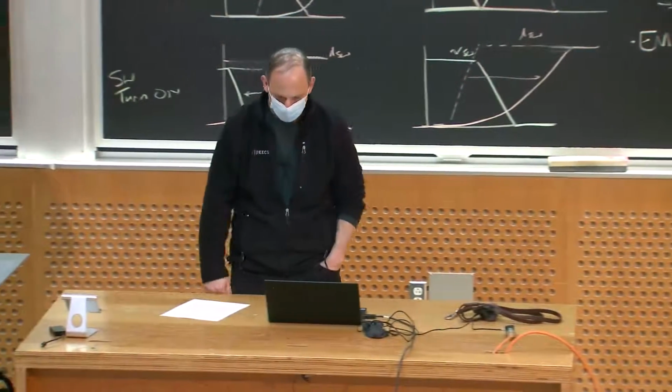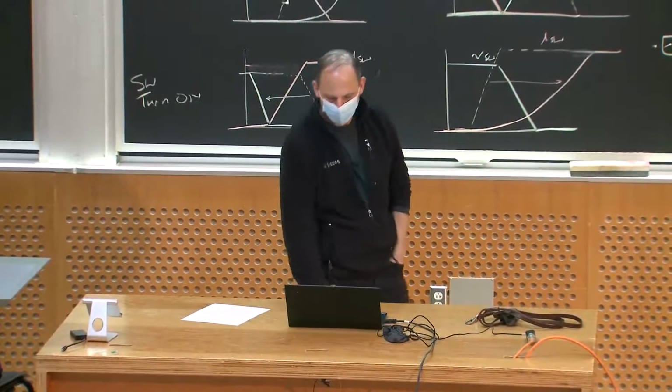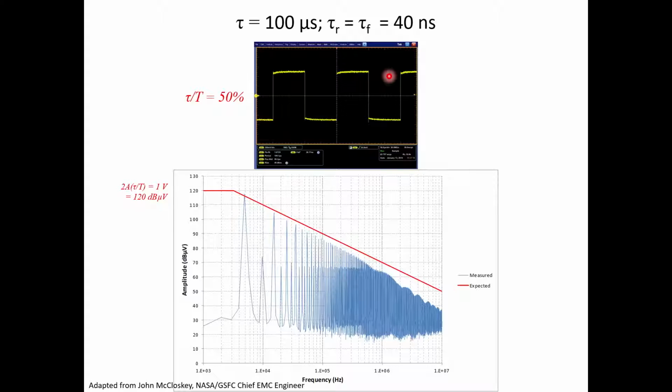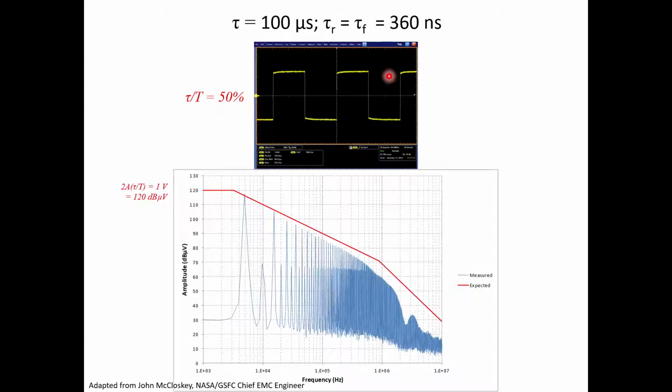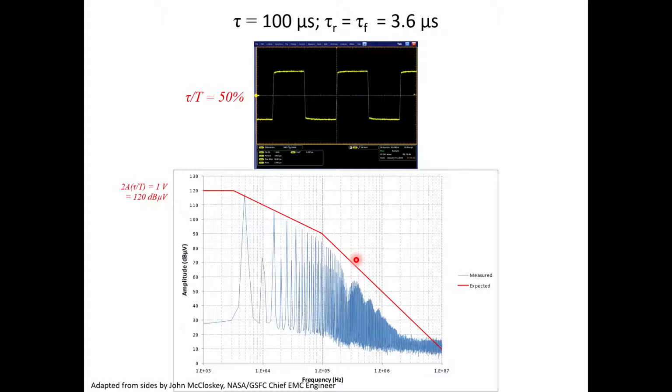Okay? What happens if you go from 40 nanoseconds to 360 nanoseconds for rise and fall time? So that's like 0.36%. When you get to a high enough frequency, some of the high frequency content starts to go away. What if I were to slow it down more? What if I were to make this, instead of 0.36% rise time, 3.6% rise time?